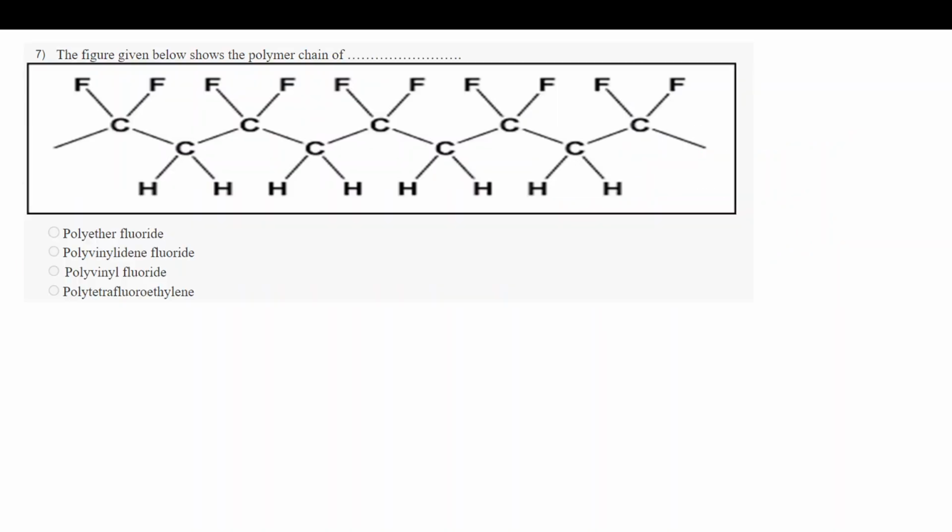Next question is: from the figure given below, identify the polymeric chain. Okay, so you need to tell what this polymer is. This is a fluorine-based polymer which is used as a material for membrane synthesis. So, do you know what it is?